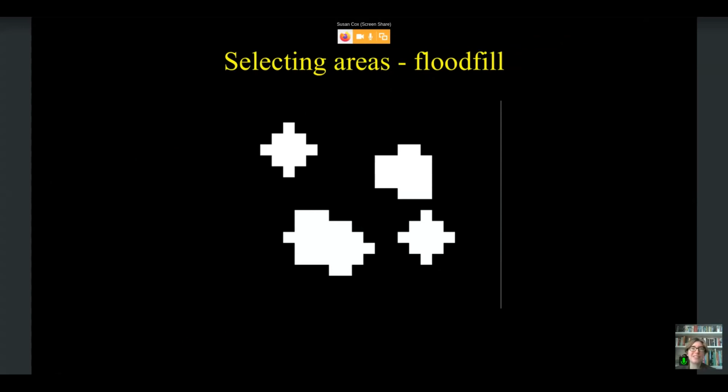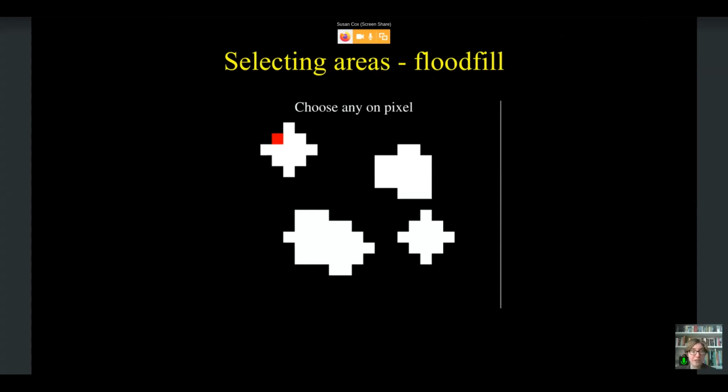And flood fill is an algorithm for identifying contiguous areas above a certain threshold. So it identifies areas where the pixels are joined to each other. And that's important because we're trying to identify all the pixels which might have come from a single fluorophore so that we can then fit them.